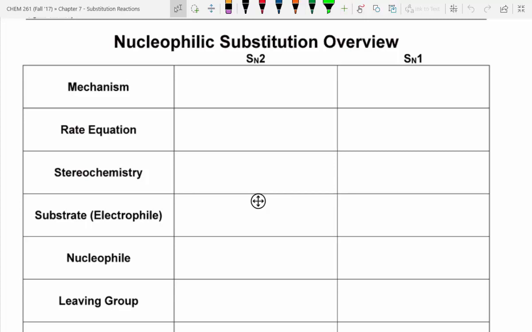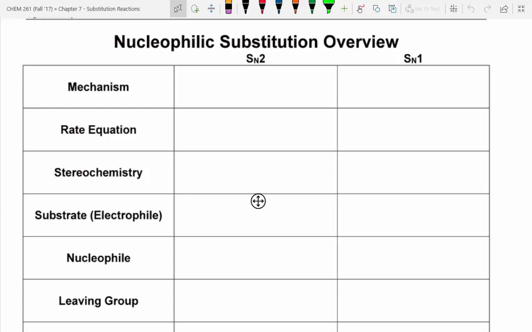All right, so how would we describe the mechanistic difference between SN1 and SN2? Who wants to help me with that? Well, let's just describe the mechanism. So how is the mechanism different? Let's leave the carbon until we talk about the electrophile. So think about, which one requires more steps than the other?